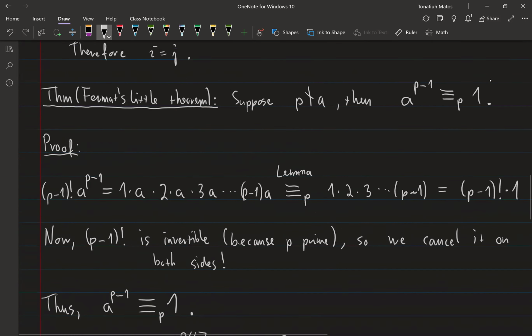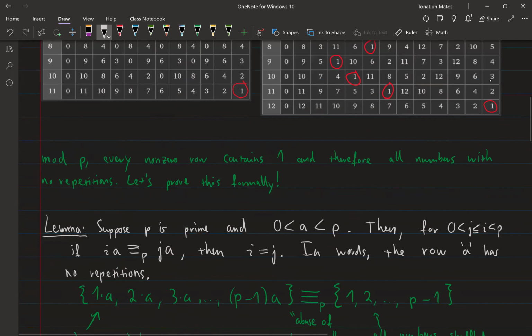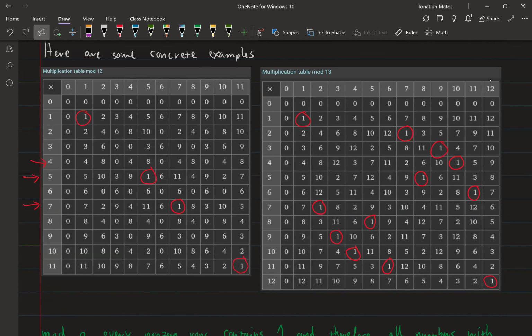If I scroll up to the multiplication table mod 12, you can see that there's a bunch of 1s on the diagonal. 5 squared is 1 mod 12. So the square root of 1 is 5, but it is also 7, and it is also 1, and it is also minus 1. So the number 1 mod 12 has a bunch of square roots, a bunch of numbers whose square is 1.